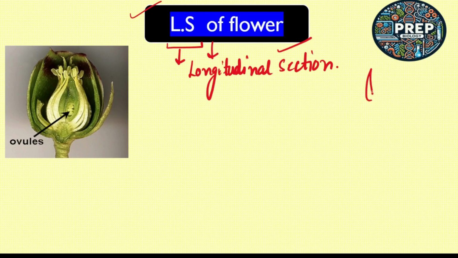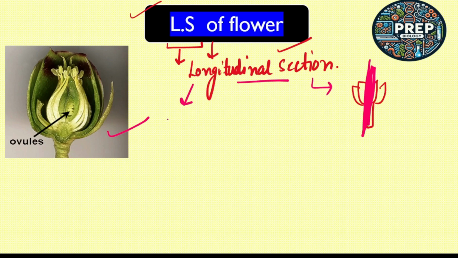Longitudinal section means, suppose this is a flower and we cut it along the length. If we cut the flower along the length like this, that is vertically, that section is called the longitudinal section. If we cut any flower vertically, we have this kind of structure. All these parts are internally present. So this is called the longitudinal section.